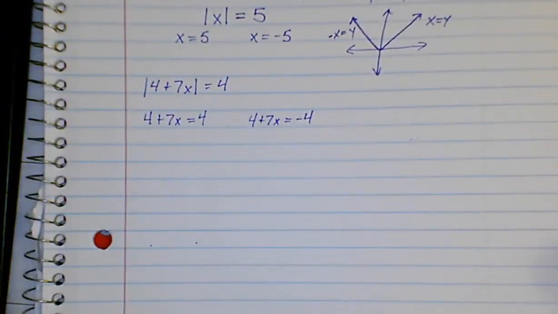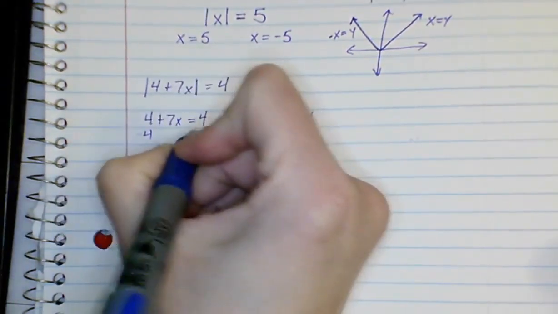So when we solve absolute value equations and inequalities, we have two equations to solve for. If you do not solve for the other equation, you are not going to get all of your points. It's almost like you're missing half of the problem. So let's go ahead and solve.